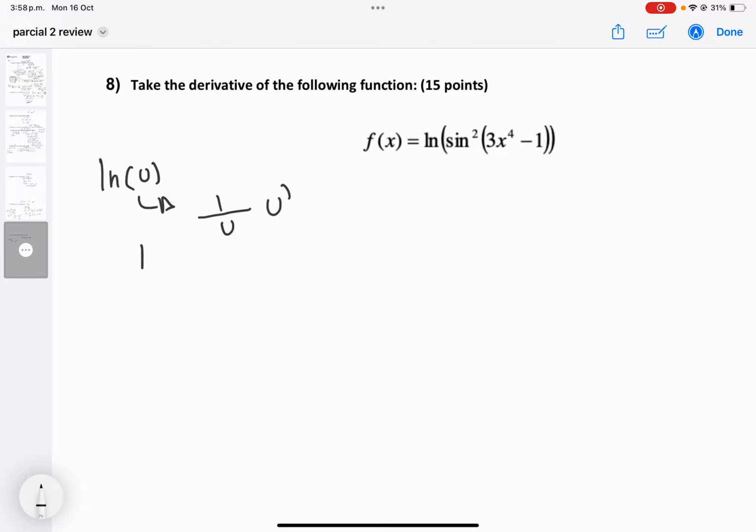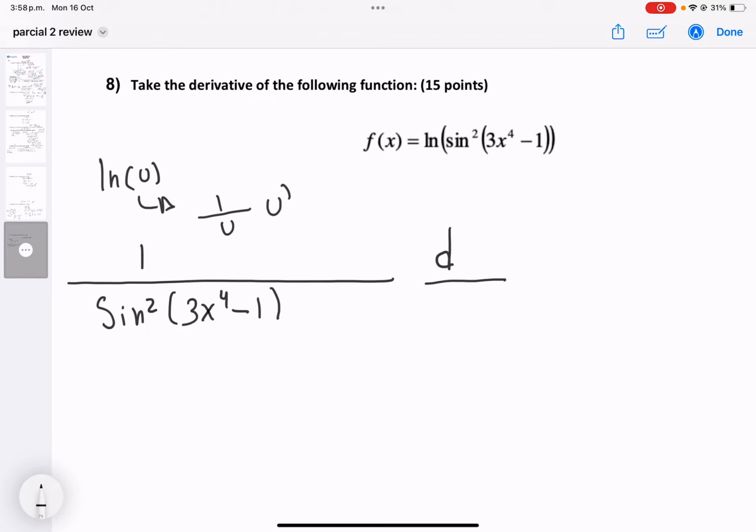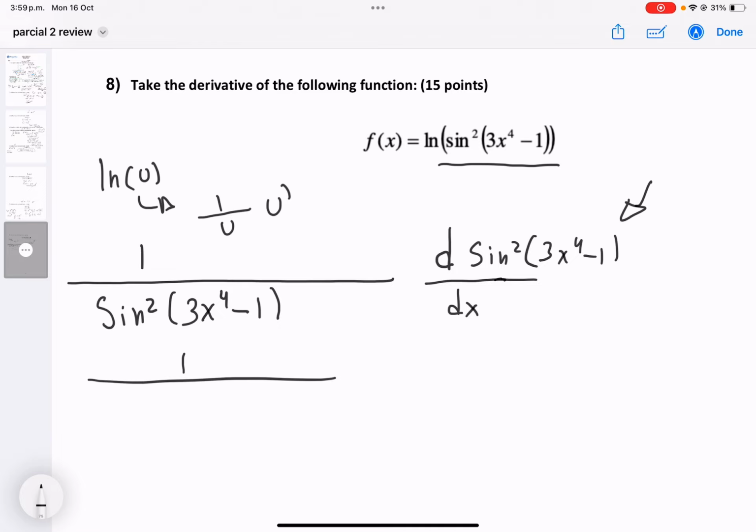I will write 1 over sine squared of 3x to the 4th minus 1, multiplied by the derivative of all of this, sine squared of 3x to the 4th minus 1, like this. Okay, fine. Now I will take the derivative of this.